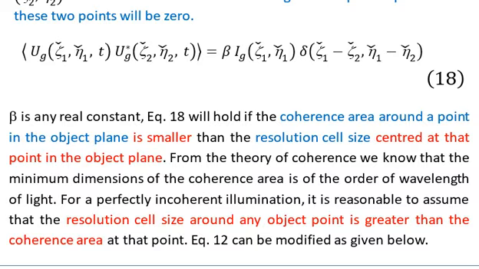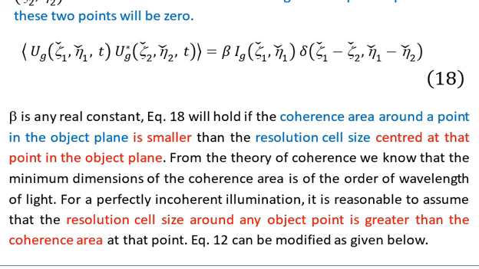So a point source located at the image plane, traced back to the object plane, gives you an area which is the coherence area. And a single pixel of a digital imaging device at the image plane, traced back to the object plane, gives you the size of the resolution cell.